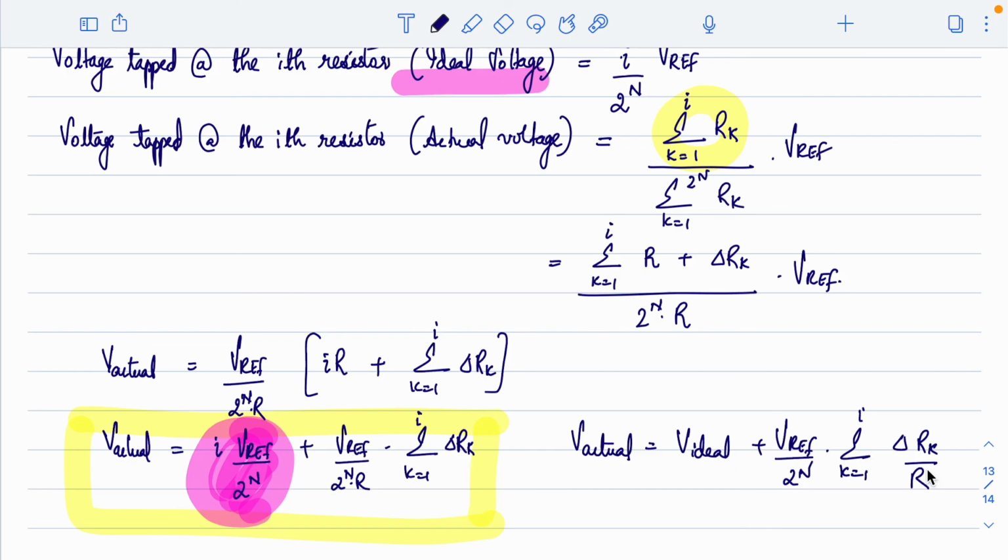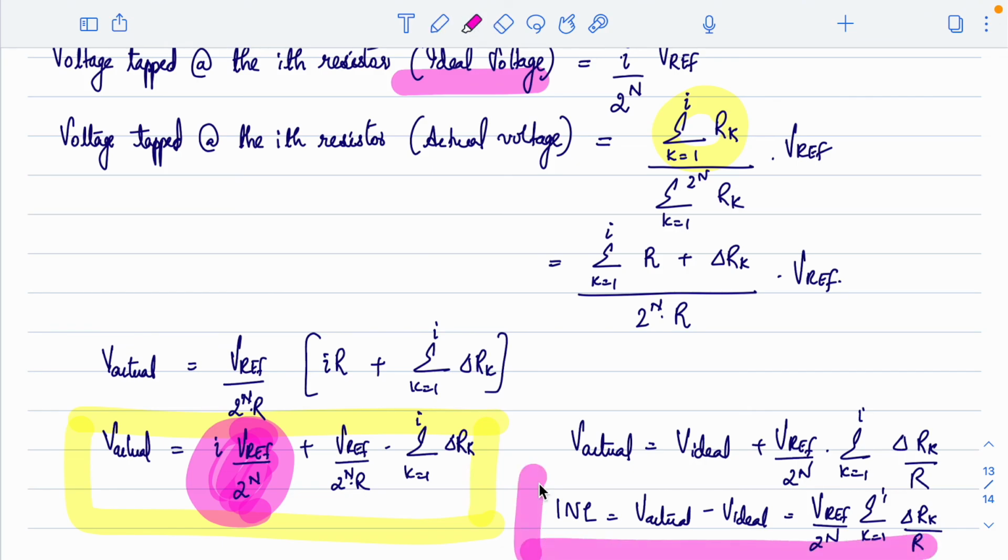So directly from this expression, we know that integral nonlinearity is nothing but the actual voltage minus ideal voltage. So I can say that INL is equal to V actual minus V ideal is equal to V ref divided by 2 to the power of n into summation k equal to 1 to I delta Rk divided by R. This is the generic expression for INL.